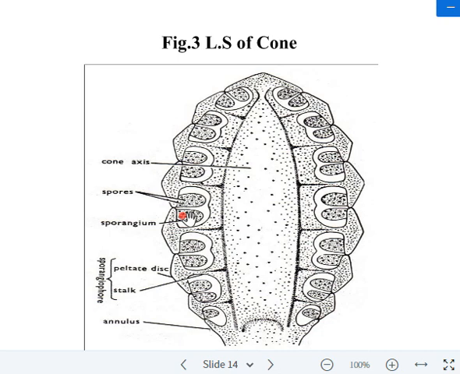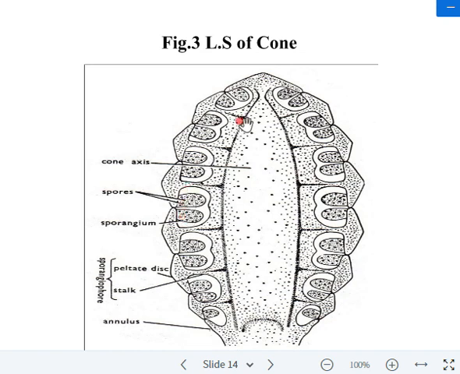Within the sporangium a lot of spores are developed, which are very similar in shape and size. So Equisetum is a homosporous fern because in Equisetum spores of the same shape and size are developed.